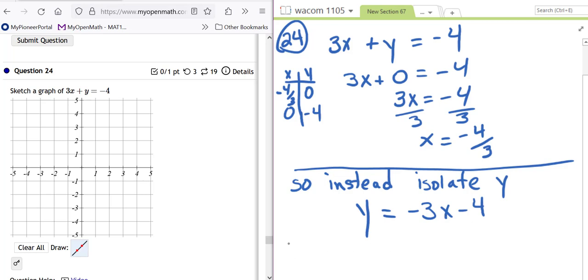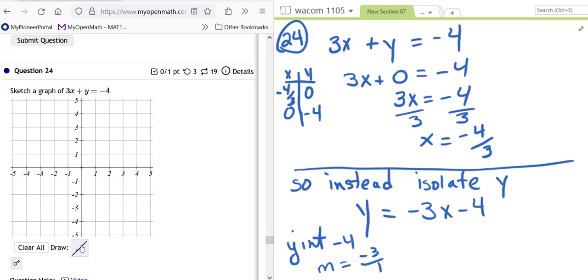So my y-intercept is negative 4, 0, negative 4. My slope is negative 3, and I'll put it over 1 to graph. If you're just answering slope, you don't put that 1 there. If you're going to use it, you need it over 1. All right, so do the y-intercept first. And, okay, I'm going to have to do a trick here, because I would go off the grid.